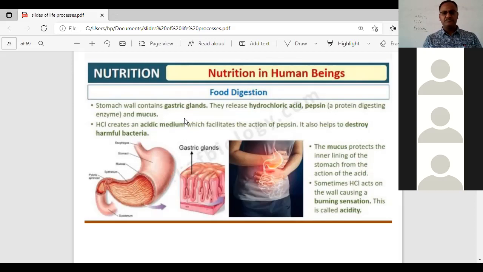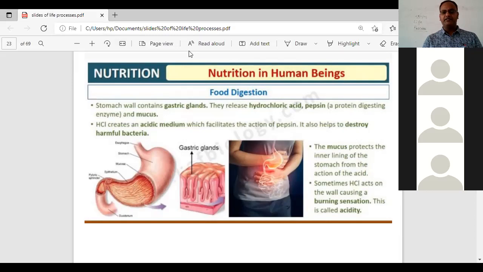HCl creates an acidic medium for, I think you got muted again. To kill the harmful bacteria. Okay, Ria, you can mute yourself.